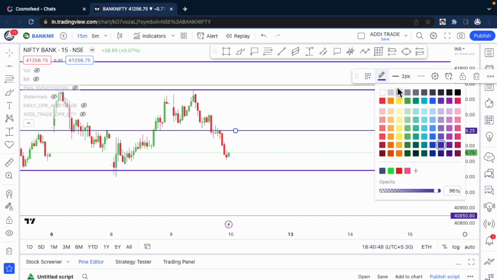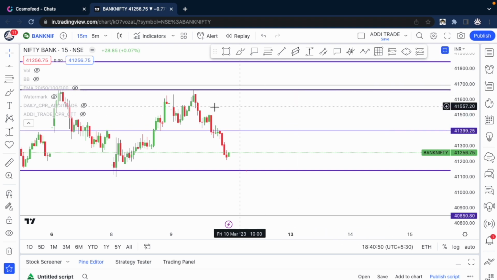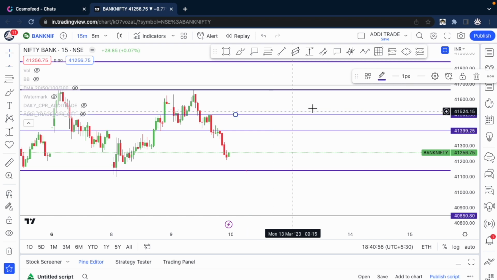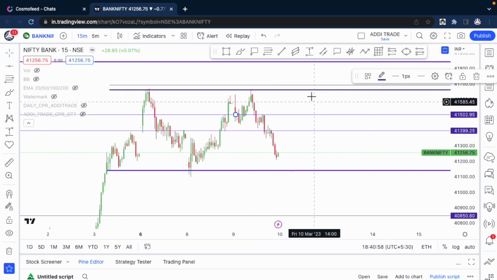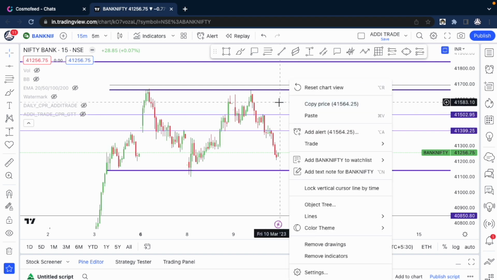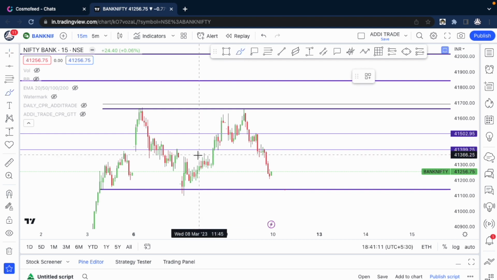Now whichever levels are not that important, meaning the price may take support or not, resistance or not, I would put it in like this thin line. A strong support and resistance, I would keep in a thick line. So if 41,400 breaks and we go higher, then we'll hit 41,500 for sure. The entire market structure right now is sideways, right?